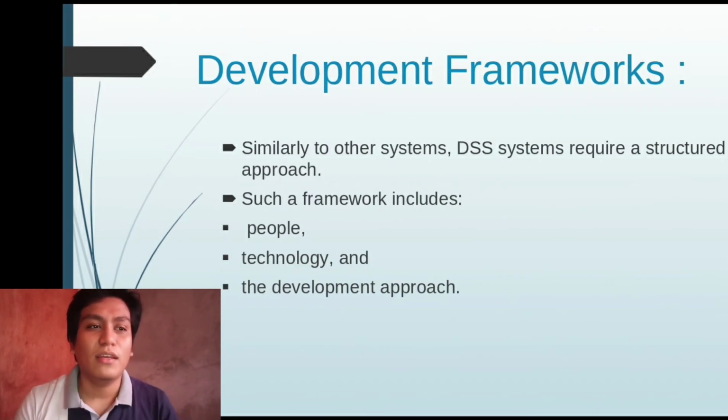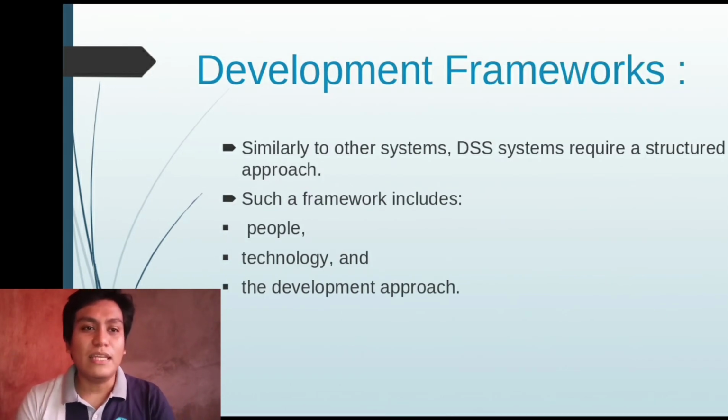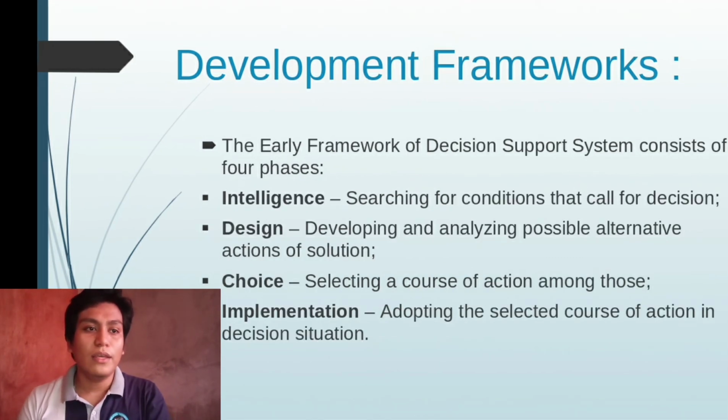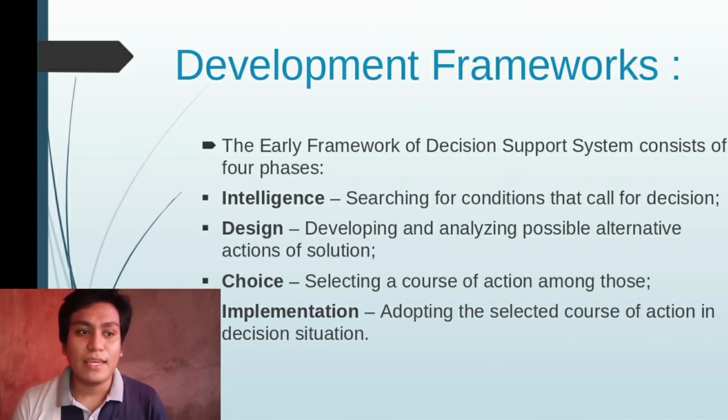Development frameworks. Similarly to other systems, DSS supports a structured approach, such as a framework that includes people, technology, and development approach. The early framework of decision support system consists of 4 phases: intelligence, design, choice, and implementation.